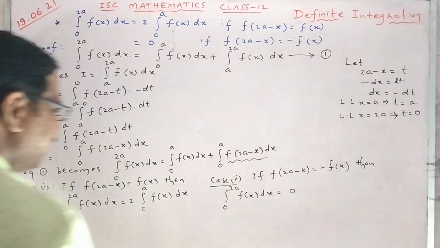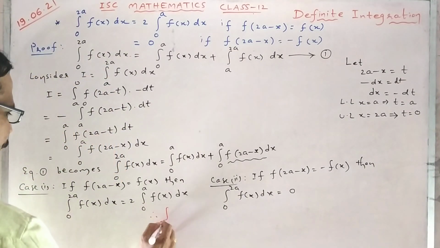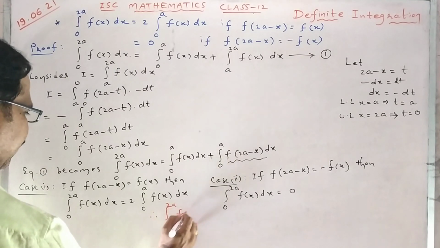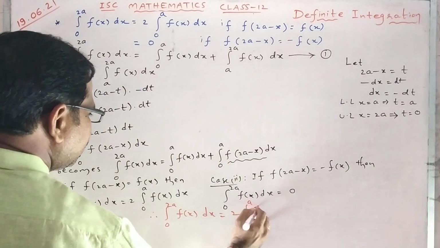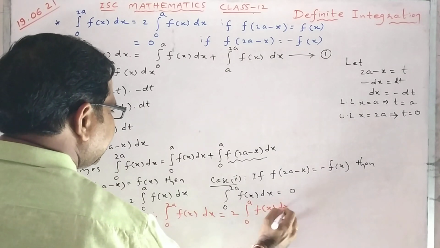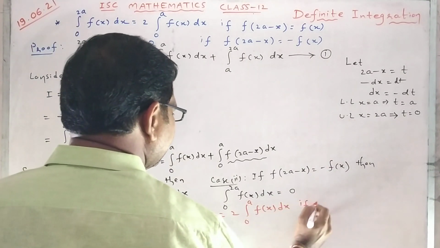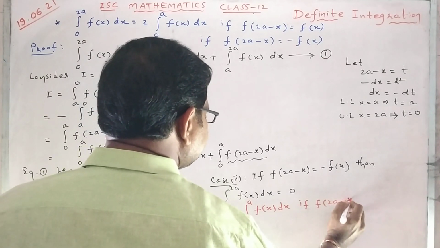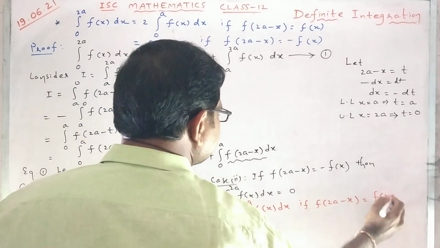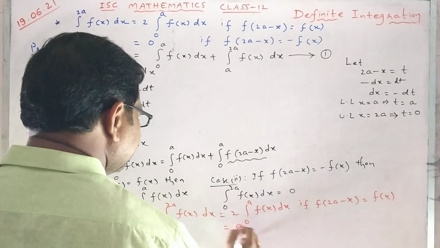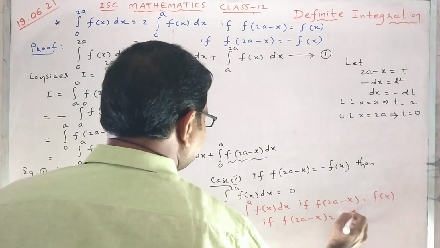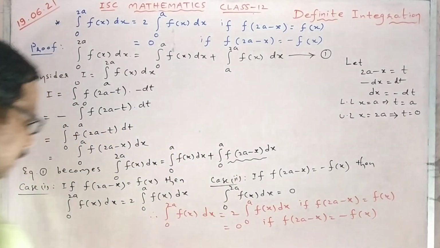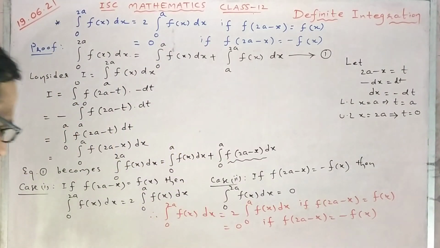So we can write directly, therefore integral 0 to 2a f of x dx equal to 2 times integral 0 to a f of x dx if f of 2a minus x equal to f of x, otherwise 0 if f of 2a minus x equal to minus f of x. So this is the way we prove the property.